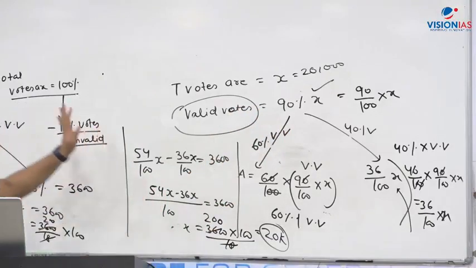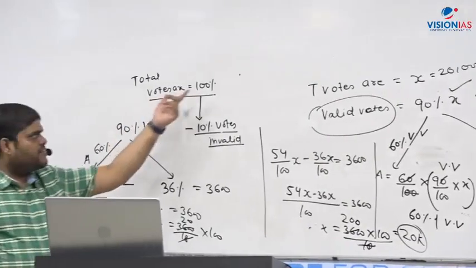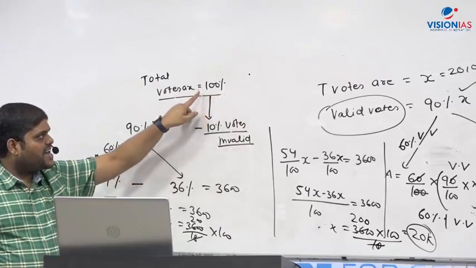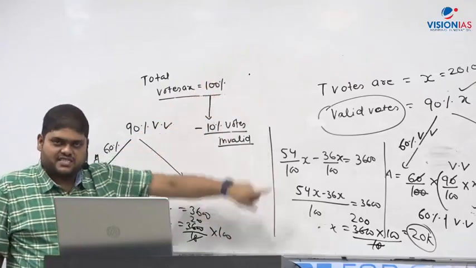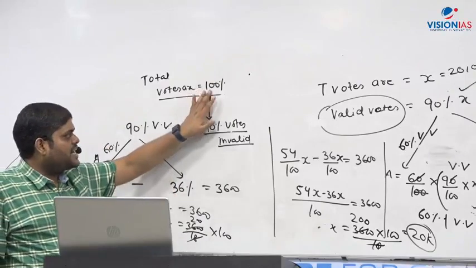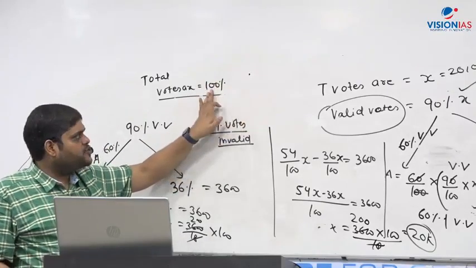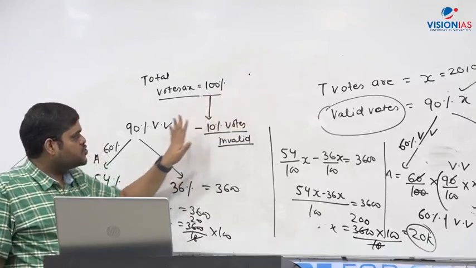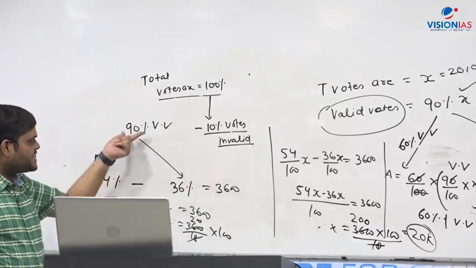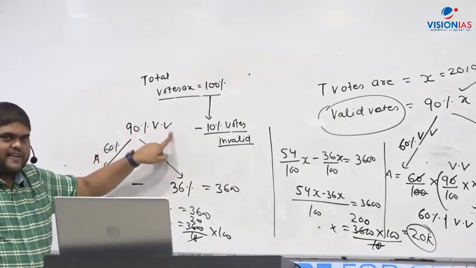The second way is, instead of X, we will assume 100. Or here I am assuming 100%, not 100. You can assume 100 units or anything. I am assuming 100%. So 10% are invalid. That means 90% of votes are valid.